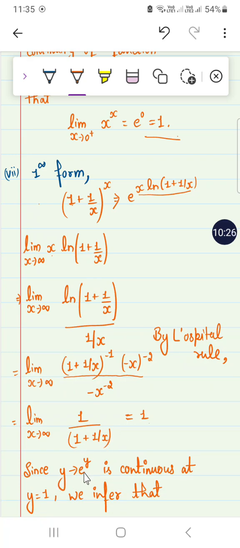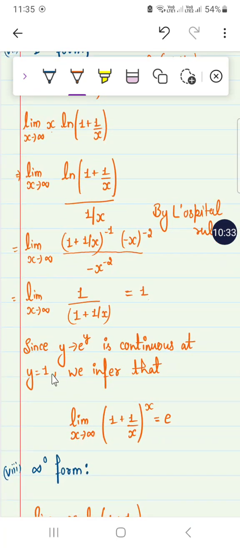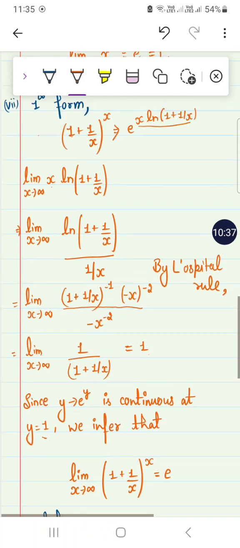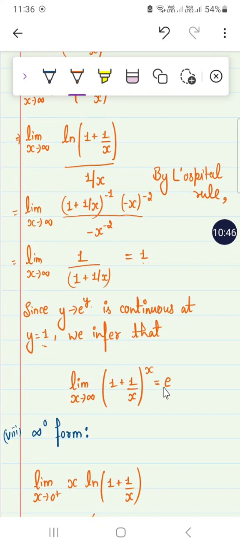As we know that e to the power y is continuous at y equals 0 and y equals 1, then y equals 1, it is continuous. So the limit of this is 1. Okay, so e to the power 1 gives you e. So this is the limit of the whole function, right?